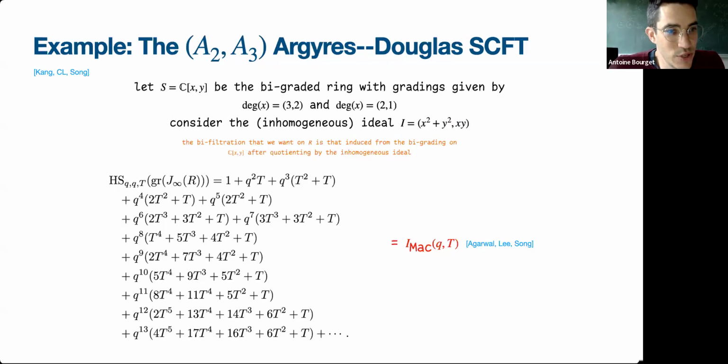What's the motivation for putting Q for both of the first two gradings? Because if I understand correctly, the degree of x is 3, 2, and so 3, 2 would correspond to Q and T, right? 3, 2 corresponds to Q and T, yes. And then the other Q, this is the jet thing, the first thing. The first Q is the jet thing. So what's the motivation for setting them equal?